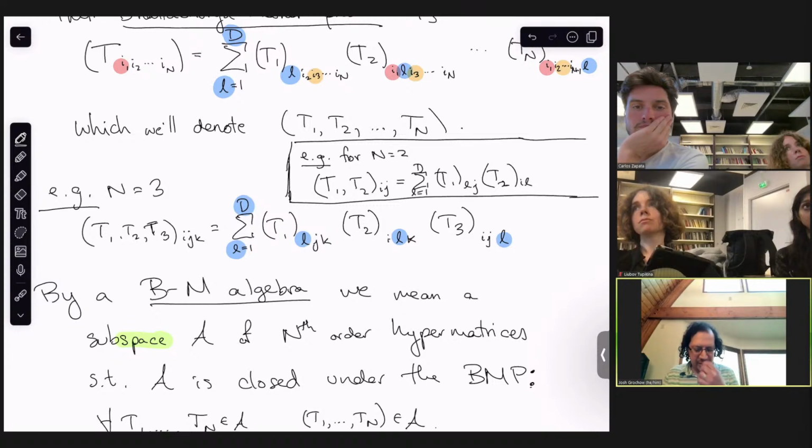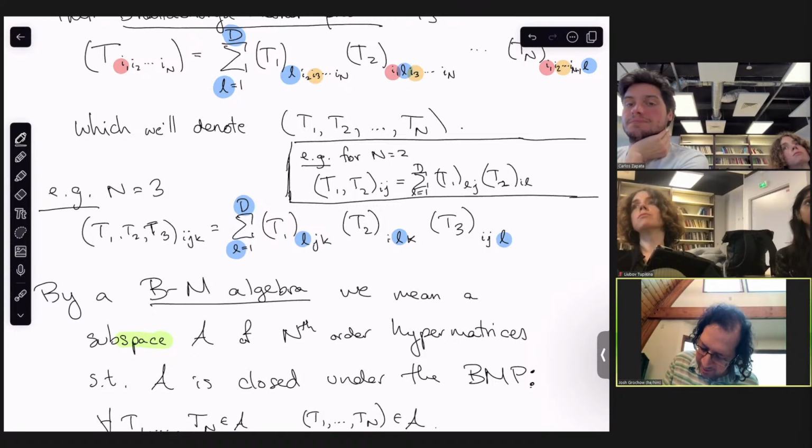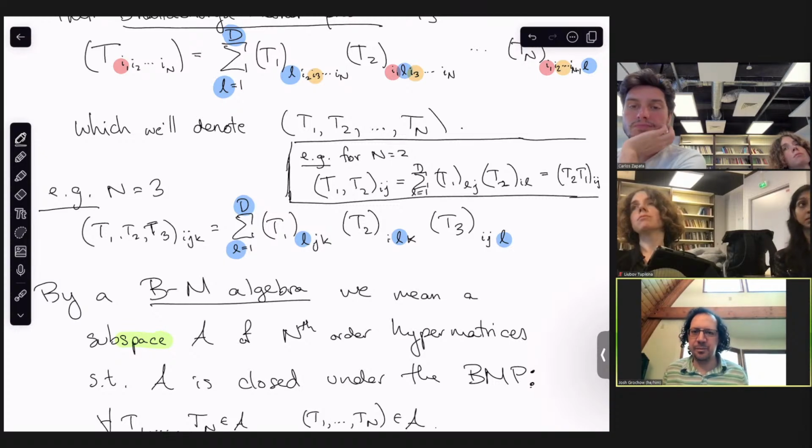You can see I've multiplied my matrices in the opposite order, so this is the same as T2 T1, the ordinary matrix multiplication, the IJ entry. So it's isomorphic to matrix multiplication.